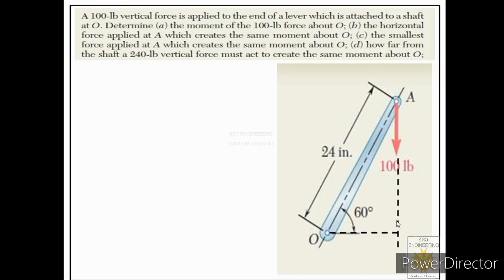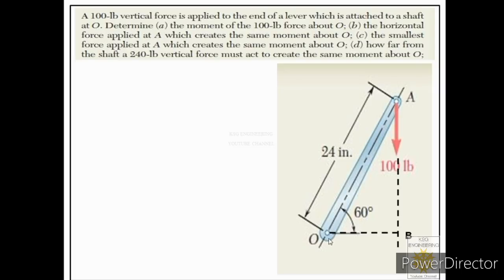So see, it is a perpendicular. We will name that intersection as B. So for this force, the moment arm is OB. So whenever you have to find moment arm, first of all you should draw the line of action of that force. Then from the moment center, drop a perpendicular onto that line of action. So that particular length will be called as moment arm. So in this case, moment arm is OB.